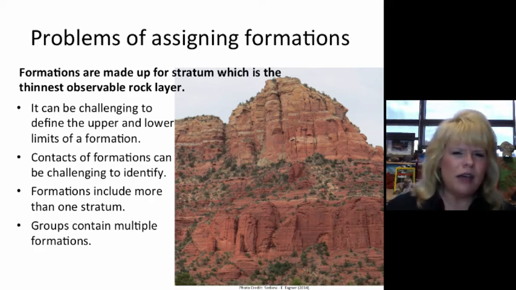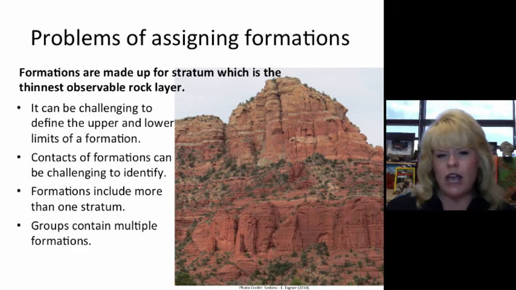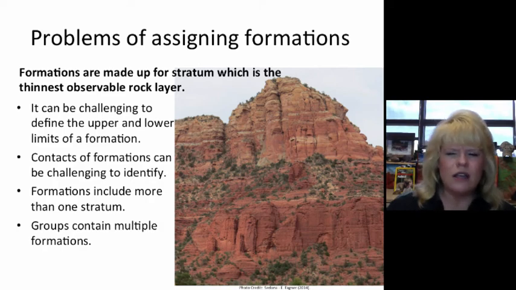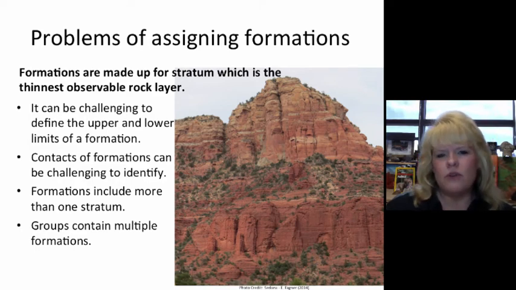So describing the upper and lower boundaries can be challenging if you've got lenses, and I don't mean lenses from the point of view, I mean actual lenses or layers of intermittent rock that doesn't share the same character as the rest of the rock. So that makes the contact between one layer to the next layer above and below it fairly challenging to identify, which is one of the most challenging parts of mapping out stratigraphy in the field.